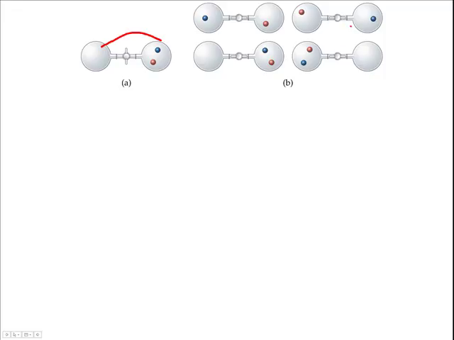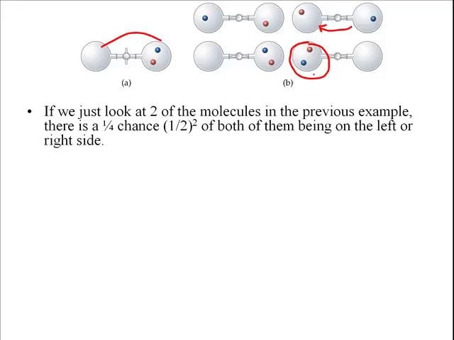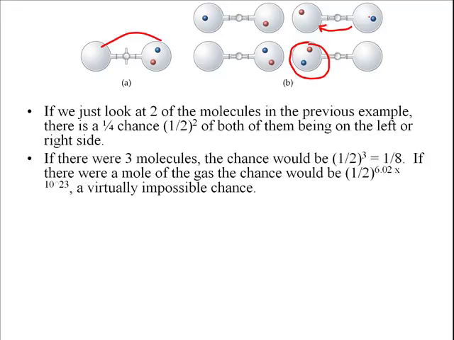You could have the red one move over to this side, or you could have both of them move over to the left side. So if we just assume there are only two molecules, there's a 1/4 chance of both of them being on the left side or both of them being on the right side. There's also a 1/4 chance of this. There's also a 1/4 chance of this.